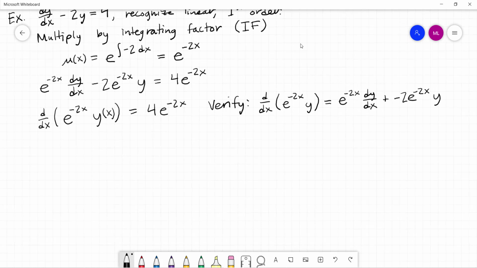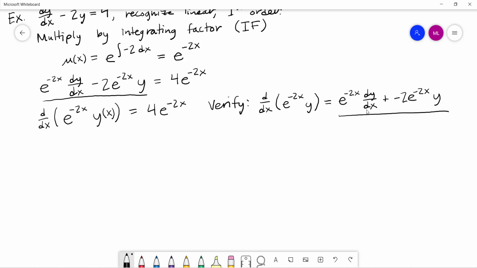And if I go back and compare what we've got right here to what we had right here, e to the negative 2x times dy dx, e to the negative 2x times dy dx. And for the second term, I have minus 2 e to the negative 2x times y, and here also minus 2 e to the negative 2x times y.